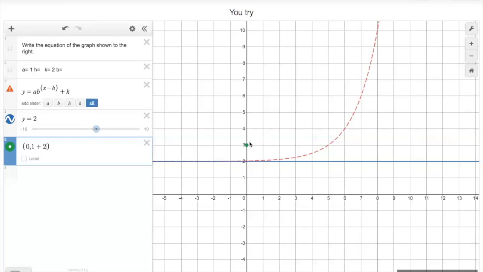Now we're going to move it up 2 just like the asymptote. And now we just need to slide it till it falls on my graph. I'm going to slide it 1, 2, 3, 4, 5 places to the right. So remember, when I do that, it's going to be 0 plus h, 0 plus k. So h is 5.